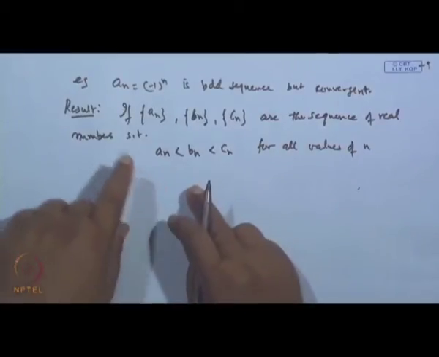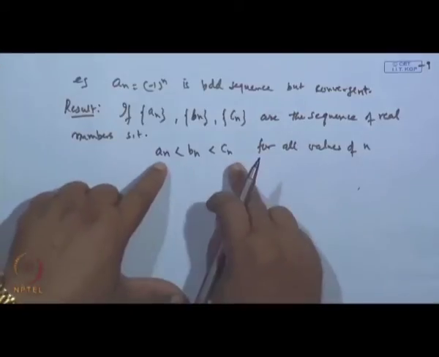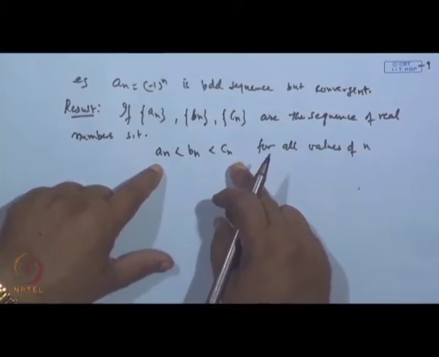That is, three sequences are given and they satisfy these inequalities for all n.